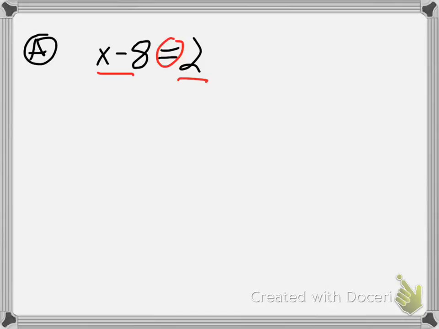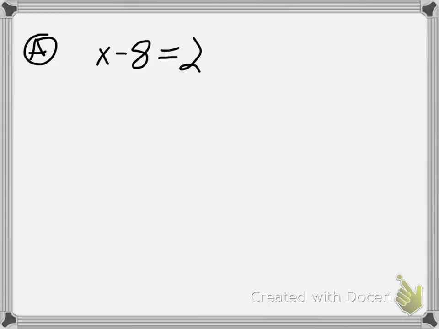Anything I do on one side, I have to do on the other because I have to keep these equations balanced. So my whole goal here is to find out what x is equal to. I'm going to do that by isolating my variable, getting my x all by itself and using inverse operations to do that.